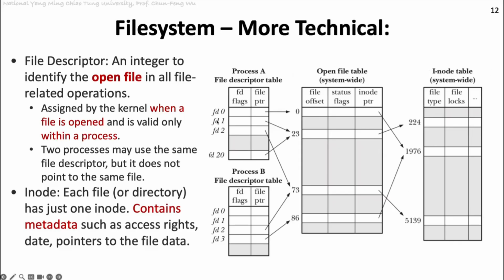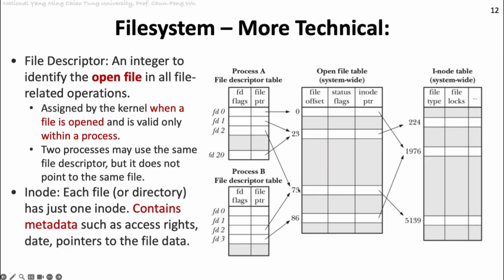But from the process perspective, for example FD1, and here FD2 in process A and process B, maybe they can point to the same inode.